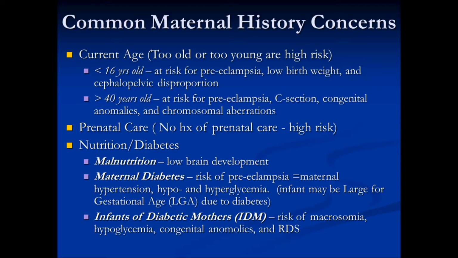And what's most commonly seen, especially on MBRC exams, is that if you have a mom who has gestational diabetes, also maternal diabetes, same thing, the infant may be large for their gestational age, and we call that LGA because of the diabetes. So these babies are usually big babies.